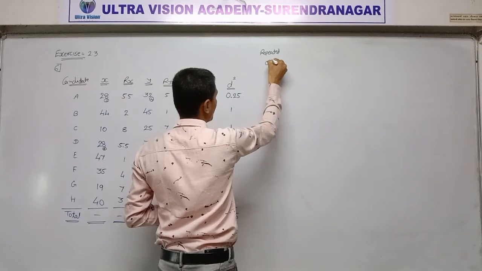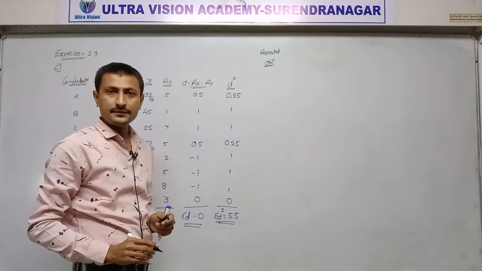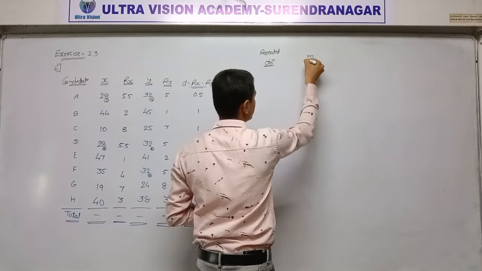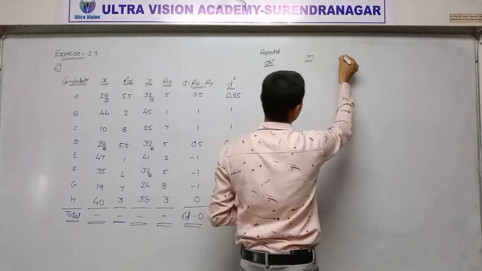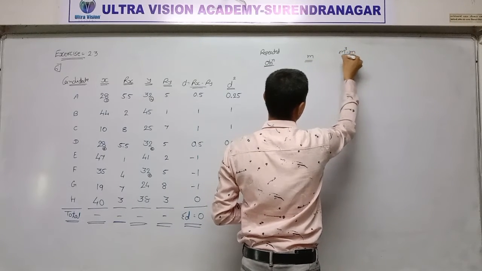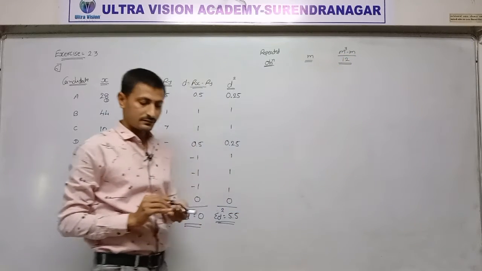First the repeated observation, second m, the number of times the observation is repeated, and last the formula: m cube minus m divided by 12.